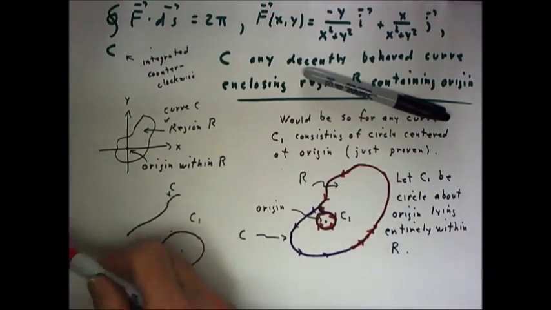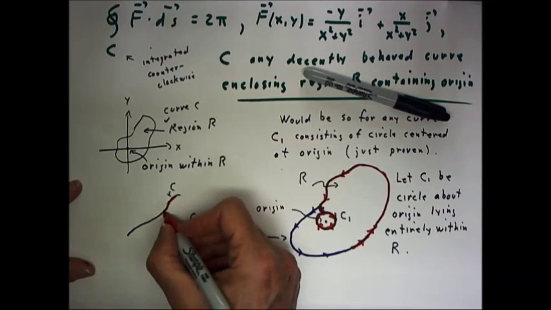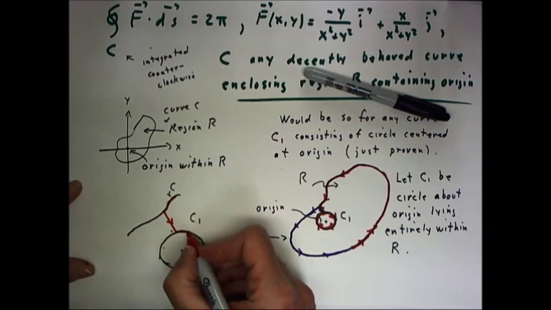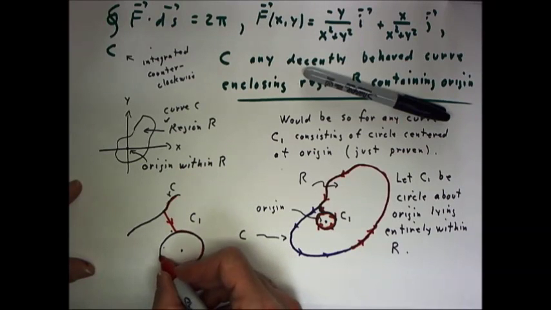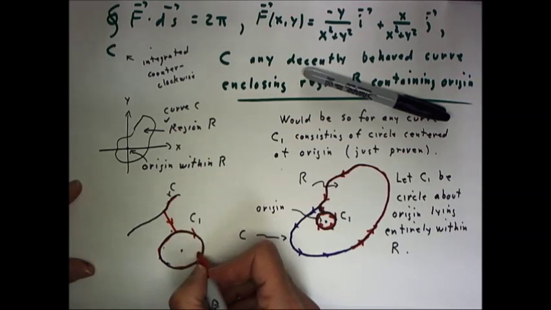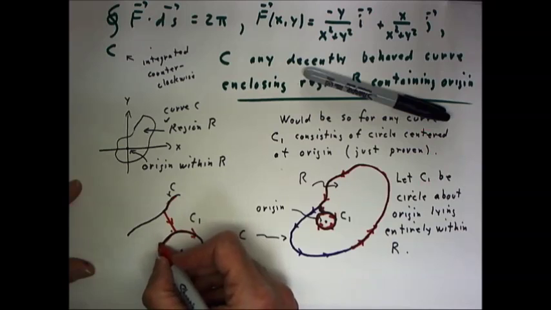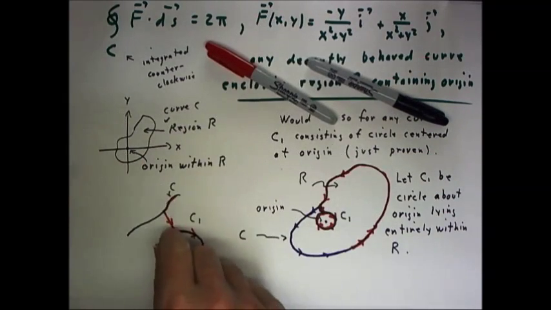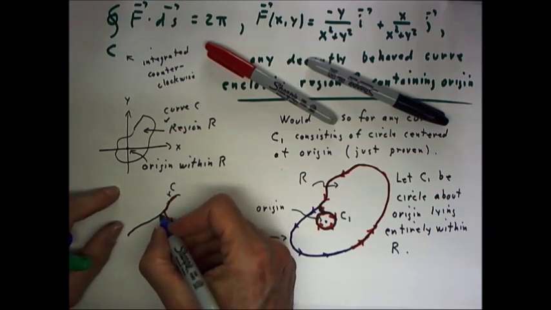Now, when we split off of C and came down here and then came around the circle, we came back to a point that wasn't quite exactly where this curve hit.